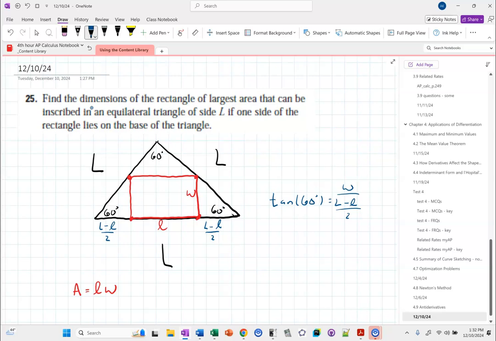Does that feel okay there? Yeah. Okay. Now, tangent of 60 is root 3. Sounds right. And I'm going to simplify that complex fraction. Okay with that?